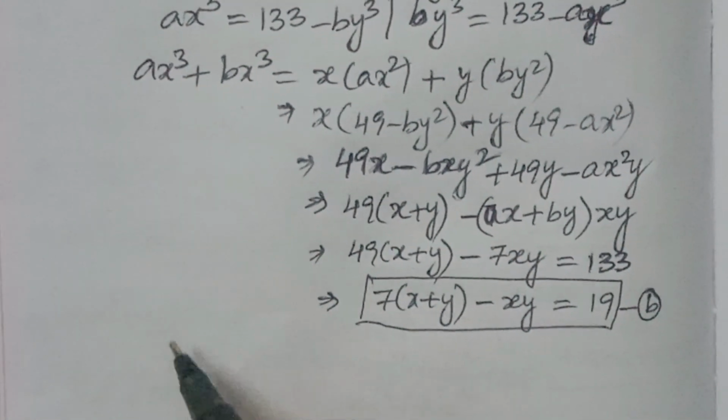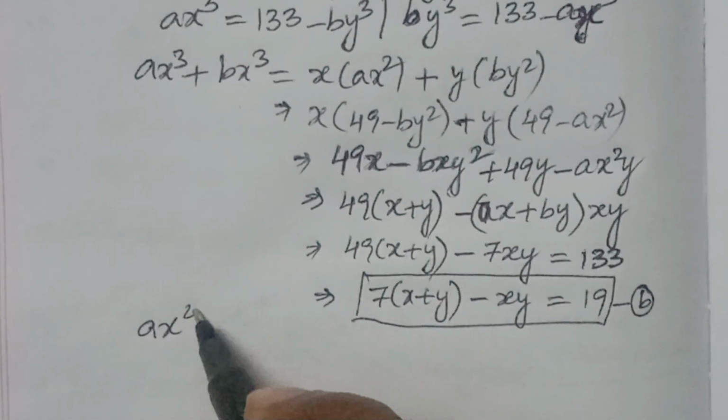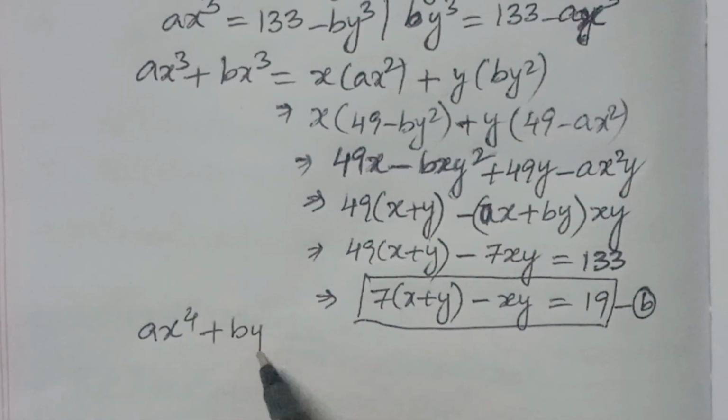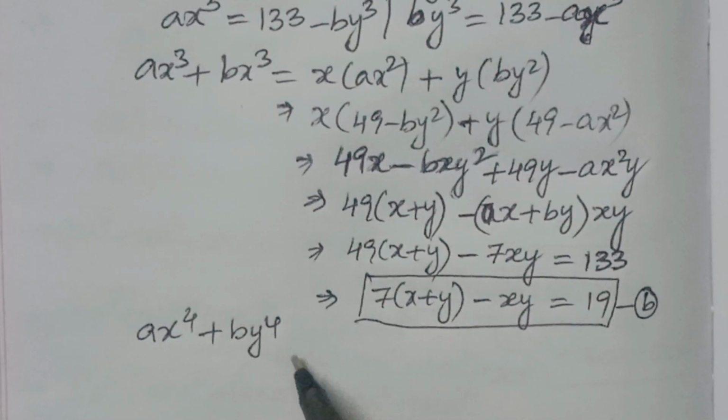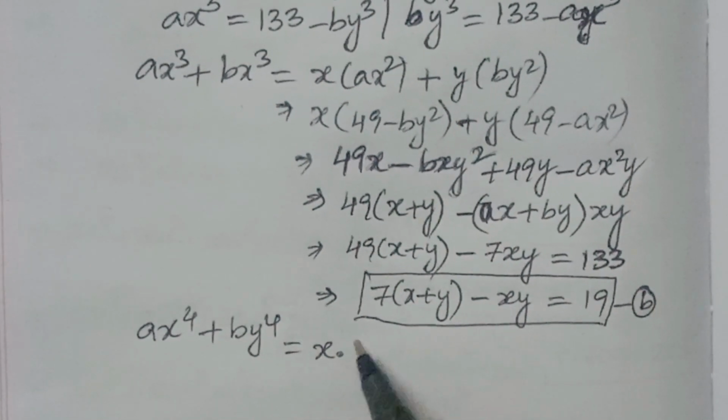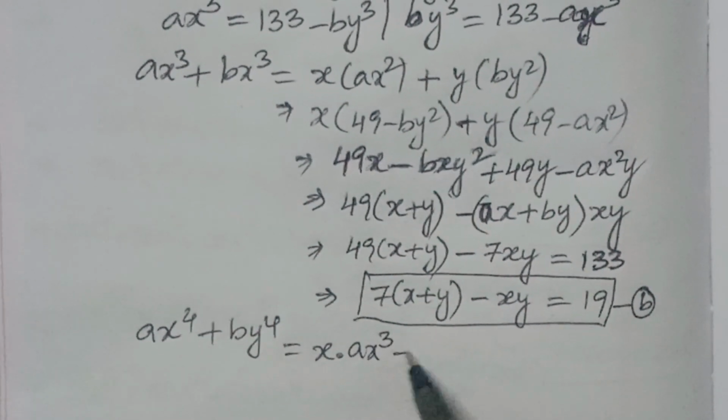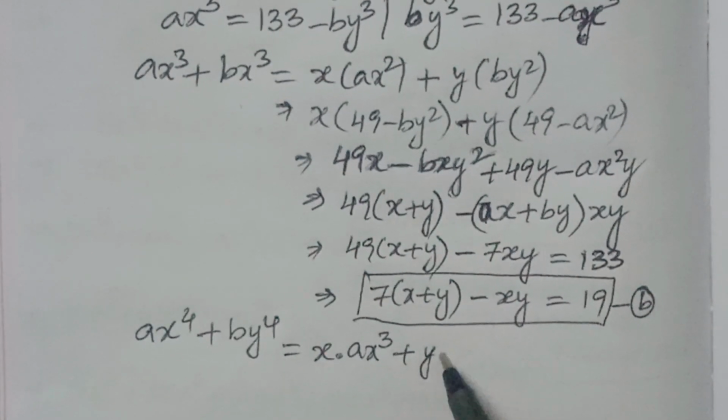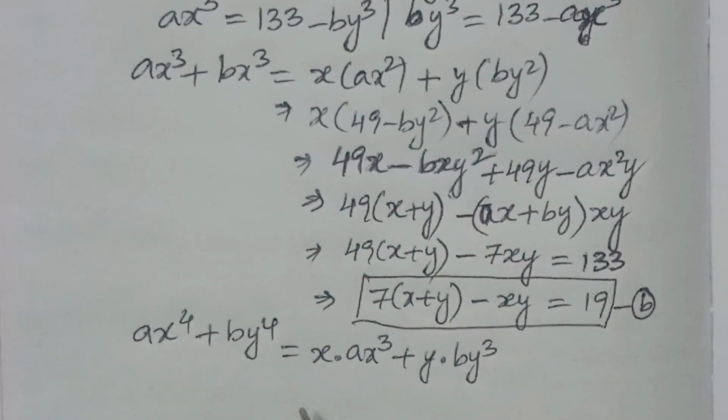Now if you take the last equation, ax power 4 plus by power 4, you can write it as x into ax cube plus y into by cube.